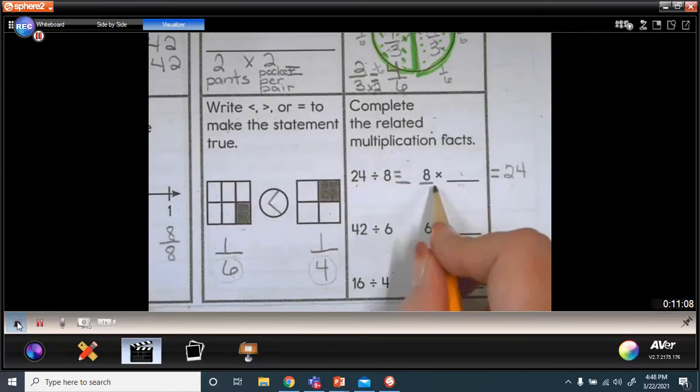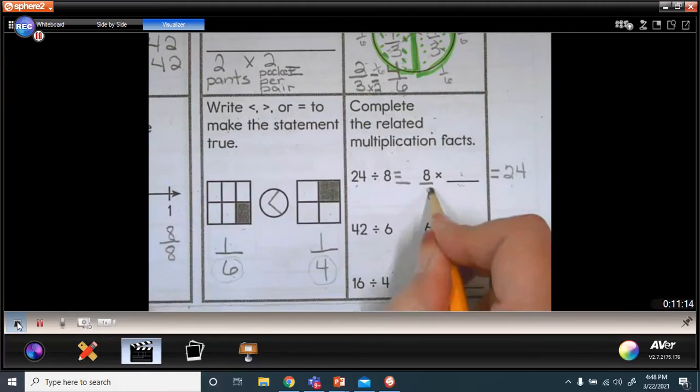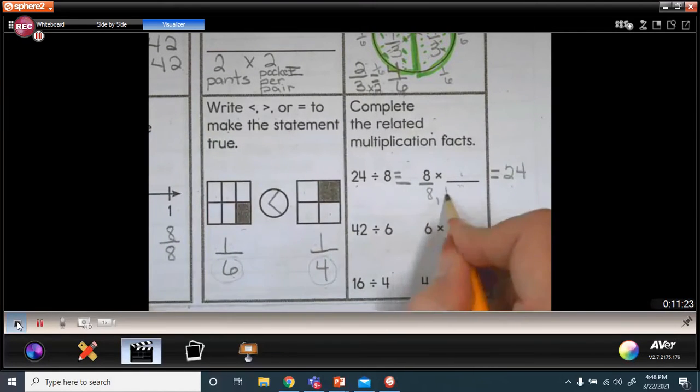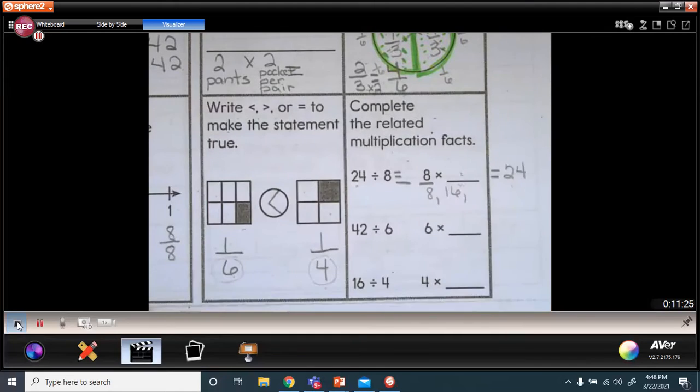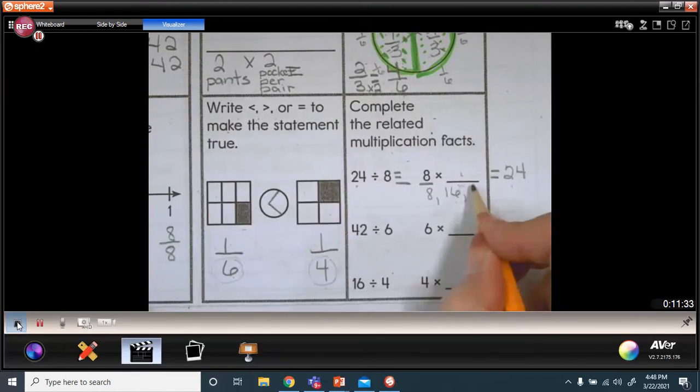So let's count how many groups of 8 I need to make 24. Let's count by 8s. 8, and 8 plus 8 is, right, 16. And if I add another group of 8, I could add 4, which would be 20, and 4 more, which would be 24.